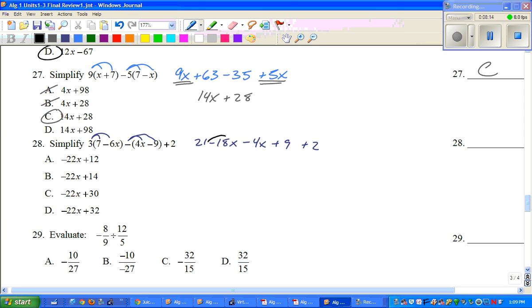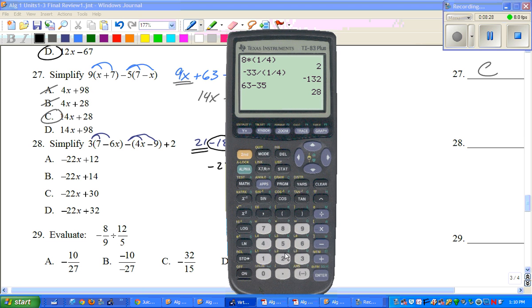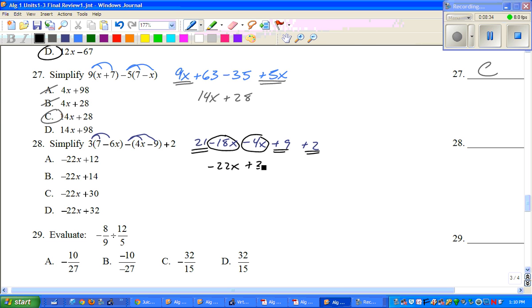So I'm going to find all of my x's. Negative 18 minus 4 is negative 22x. Okay, so we got all of those. And now it's 21 plus 9 plus 2. So 21 plus 9 plus 2 gives us 32, which is D.